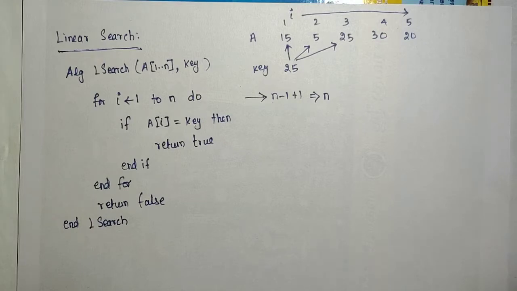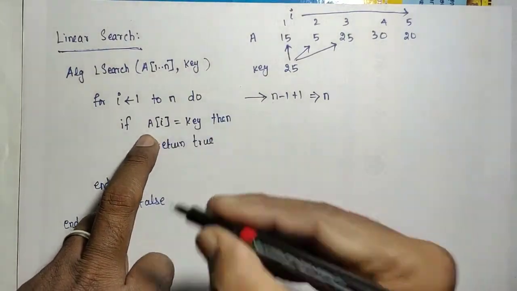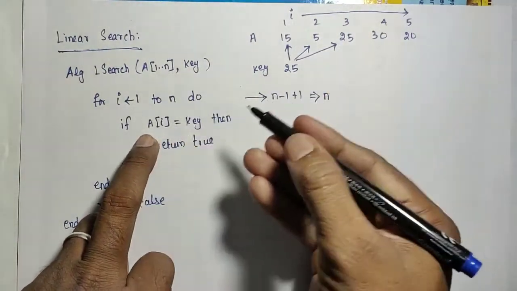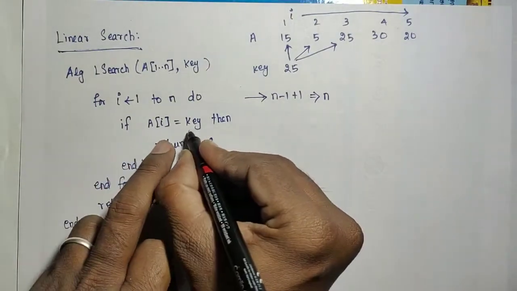If you count the operation that is executed the maximum number of times, we can say that the complexity is proportional to this number of operations. So here this is an active operation which is executed more times than any other operation. Here a of i equal to key is a comparison operation.